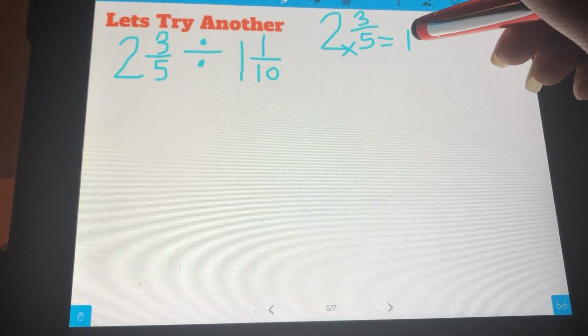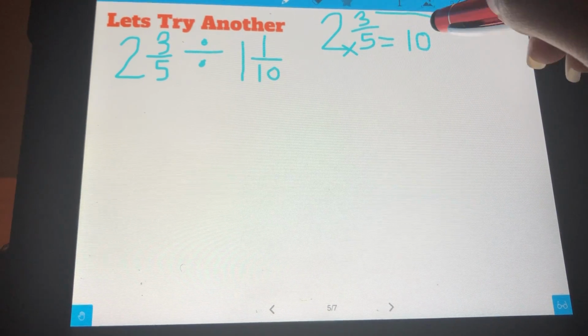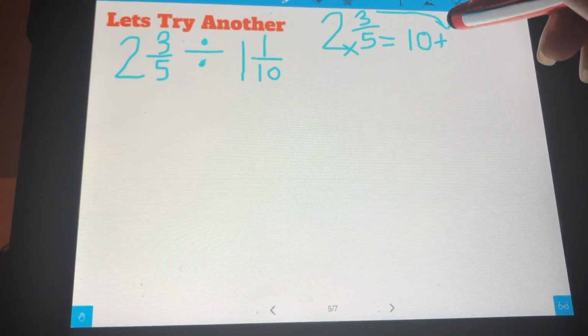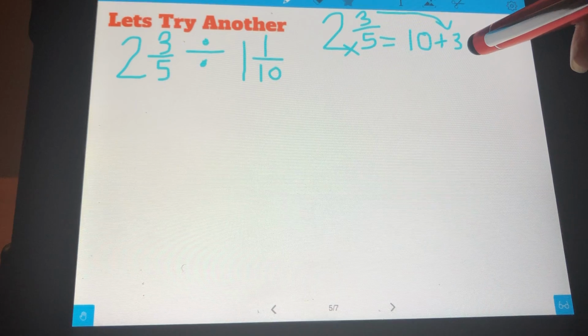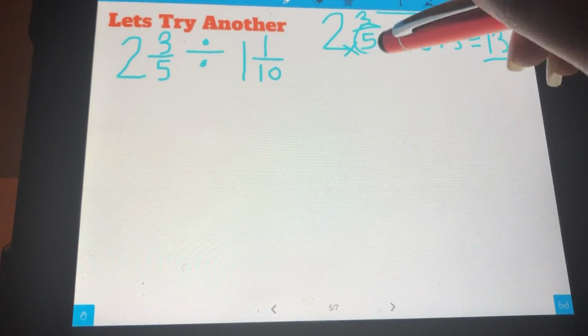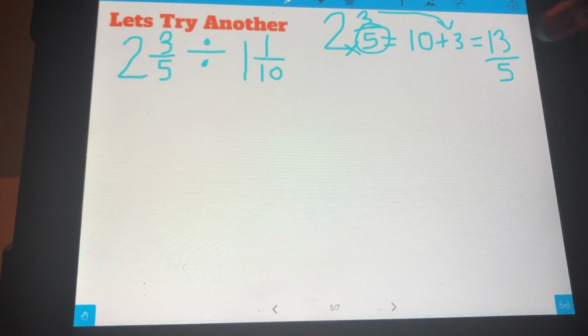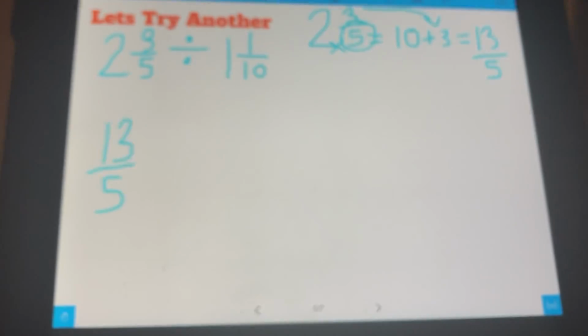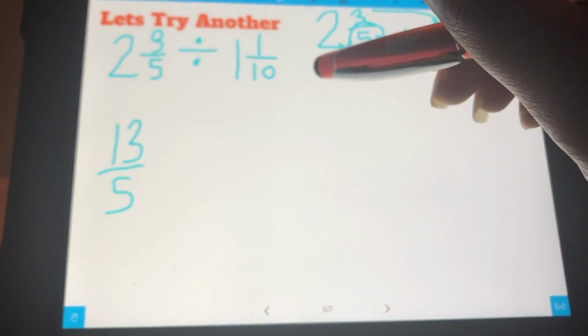That'll give us 10. And we're going to add our numerator. That will give us 13. And we always keep that denominator. So now we have 13/5. Let's go over here, rewrite it. Don't forget, 13/5.